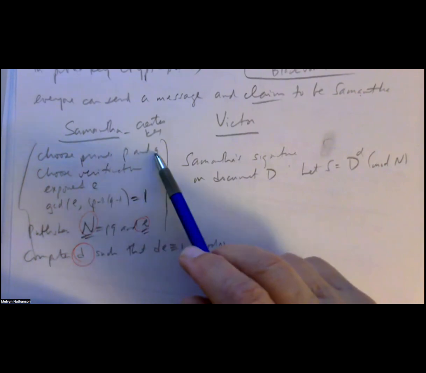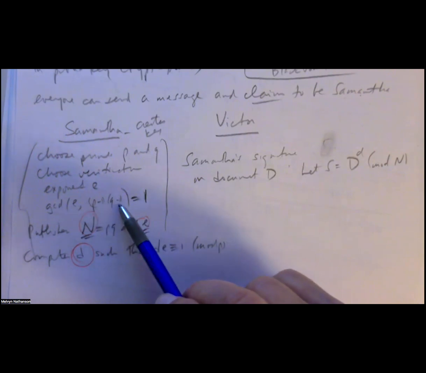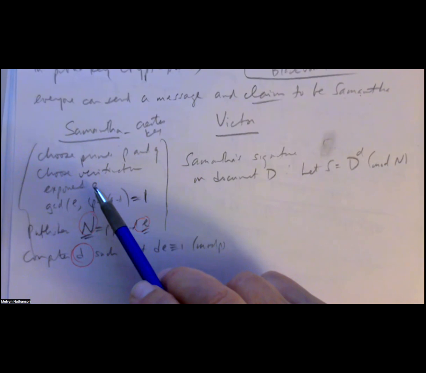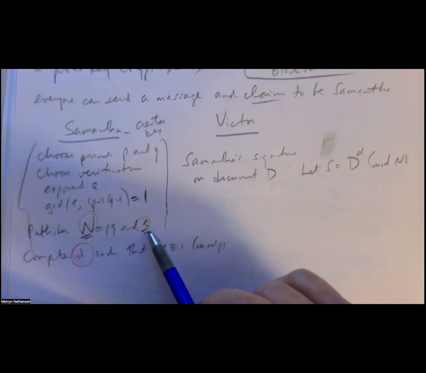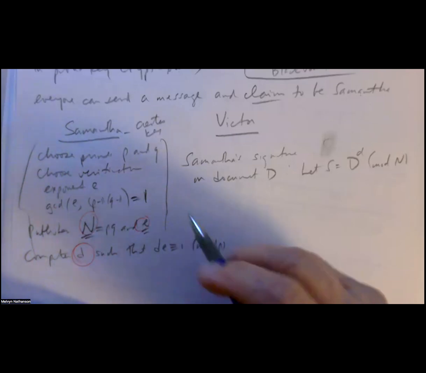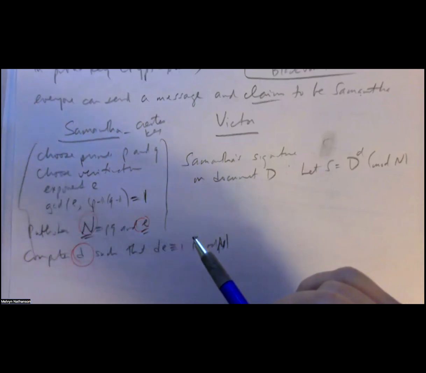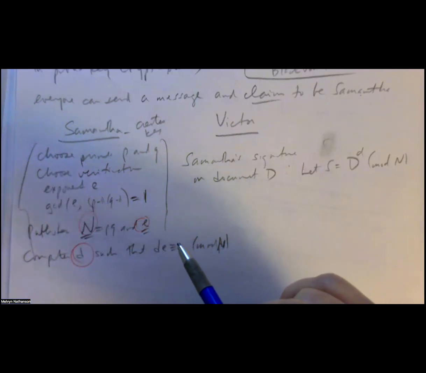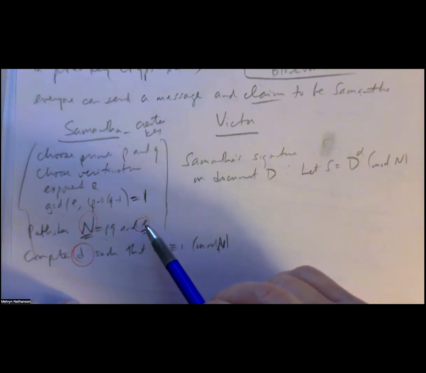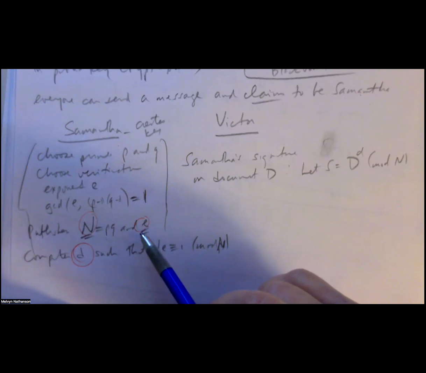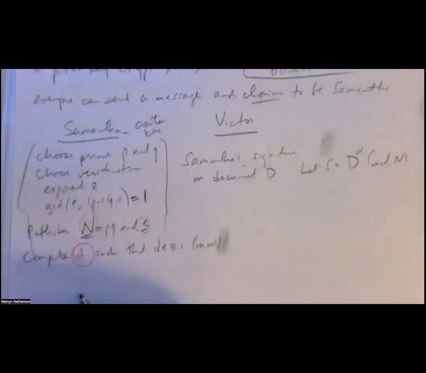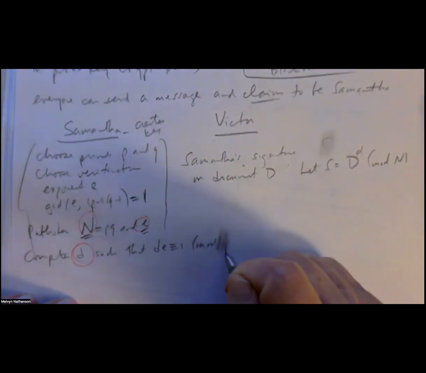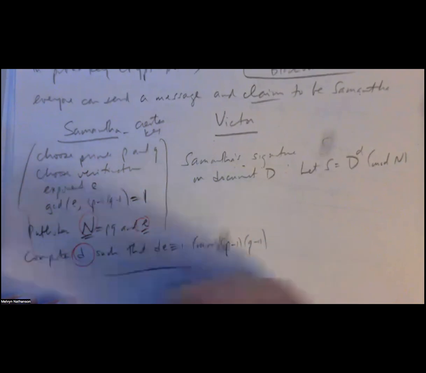And since she knows P and Q, she can compute (P minus 1)(Q minus 1) and pick an exponent, a number E, which is relatively prime to P minus 1 and Q minus 1, and she publishes N and E. Because she knows P and Q, she knows N, she can compute a number, she computes D such that D times E is congruent to 1 modulo (P minus 1)(Q minus 1).